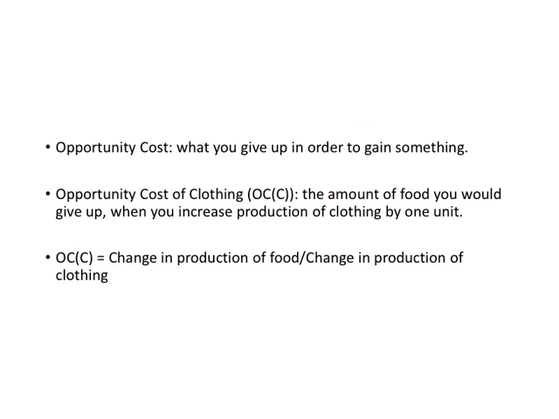So we know opportunity cost arises because of scarcity, and what it means in general terms is what you give up in order to gain something. In terms of our example, we have been looking at a beautiful country which produces both clothing and food. What will be the opportunity cost of clothing?